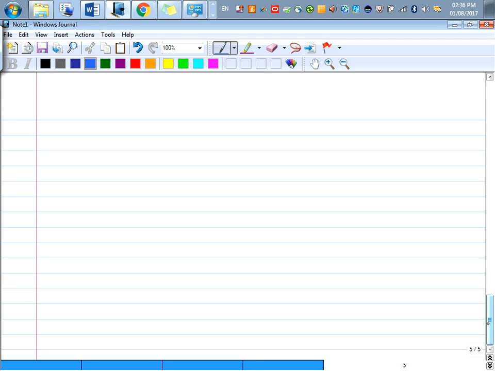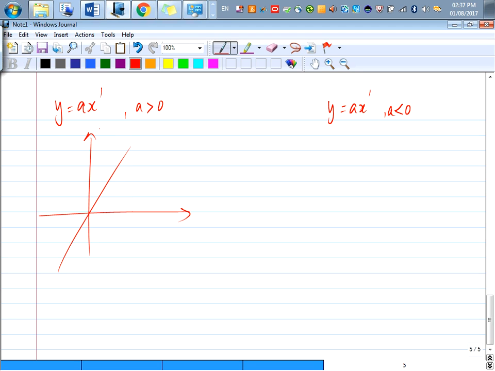Then recap, y equals ax power 1, where a greater than 0, and y equals ax power 1 again, but this time a is smaller than 0. So I will get over here, can you see what I'm trying to do? Cut through the origin.